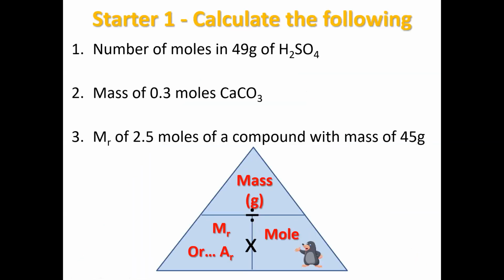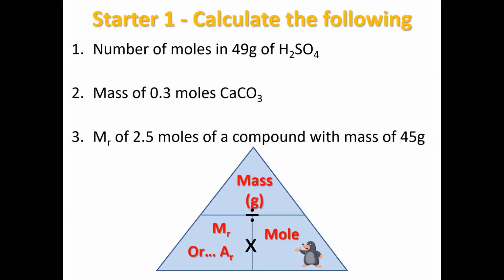So just a quick starter to help us recap on our previous tutorial, what I would like you to do is calculate the following. Number one, calculate the number of moles in 49 grams of sulfuric acid. Number two, the mass of 0.3 moles of calcium carbonate.